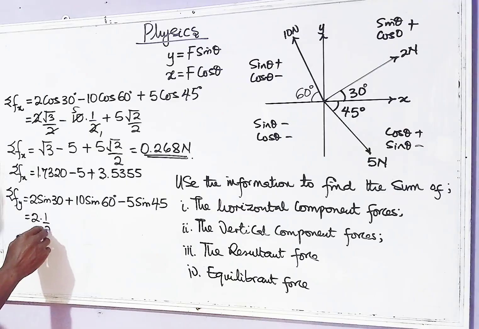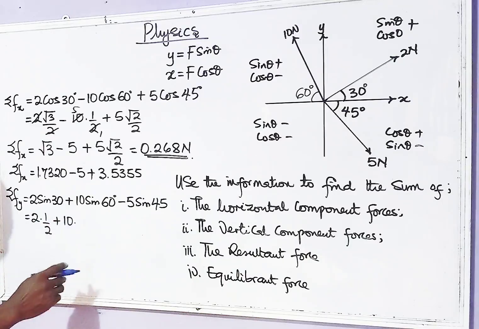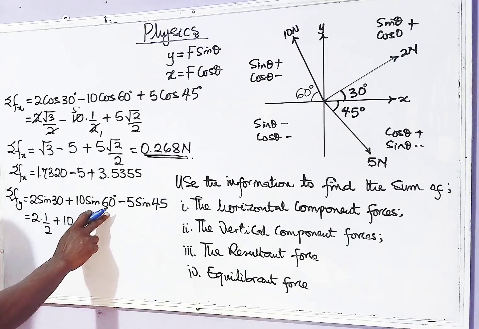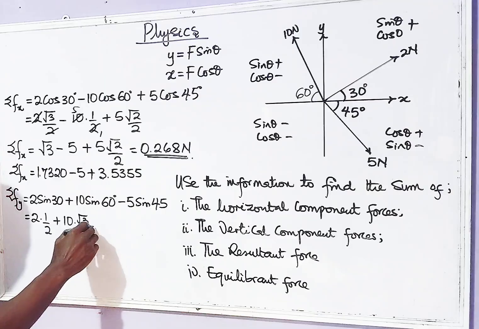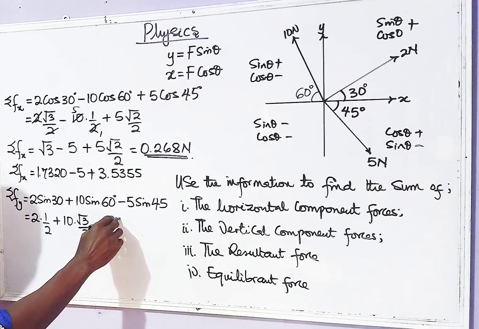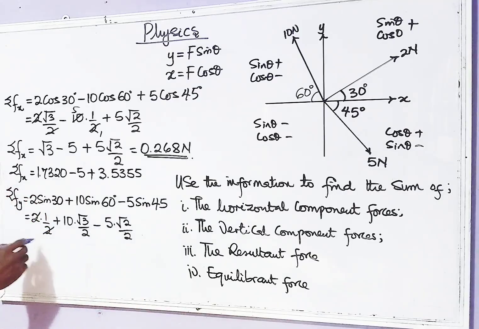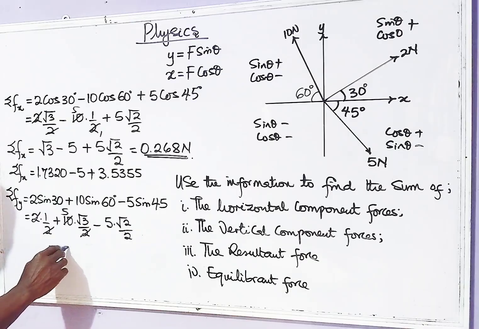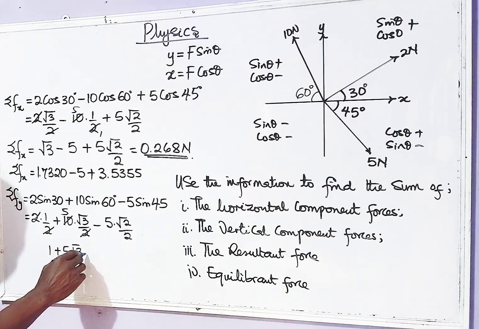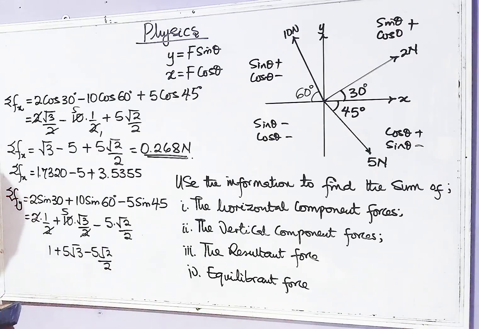That will be 1 over 2, plus 10 times sine 60, which is root 3 all over 2, then minus 5 times root 2 all over 2. So these two clear off. These two here we have 10. So here we have 1 plus 5 root 3 minus 5 root 2, all over 2.